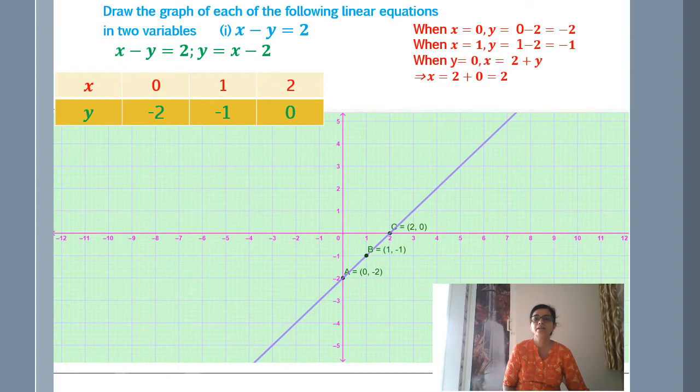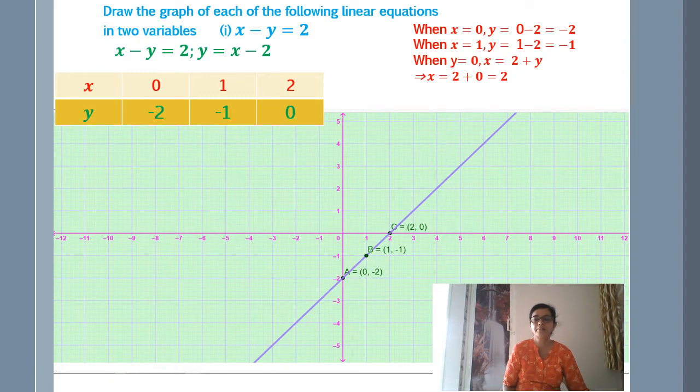When I replace x with 1, I get y is equal to 1 minus 2, which is equal to minus 1. This I have replaced in equation 2, y is equal to x minus 2. Here I have replaced x with 1, then I get 1 minus 2 is equal to minus 1.